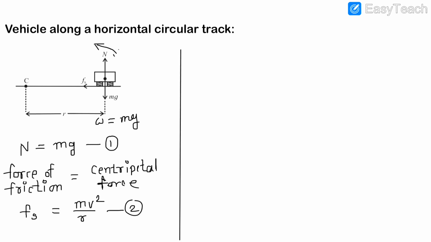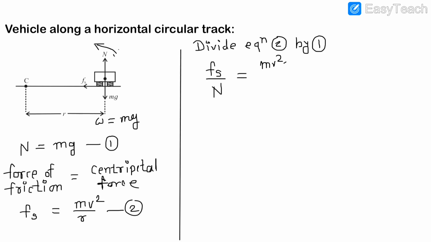Now divide equation number 2 by equation number 1. We get the equation F suffix S divided by N is equal to m v square divided by r, divided by mg. Here m cancels. Here I am writing the frictional force F suffix S as maximum, that is for the upper limit.